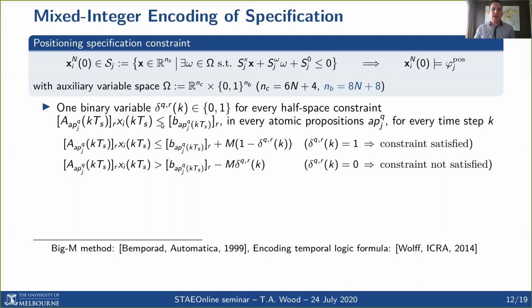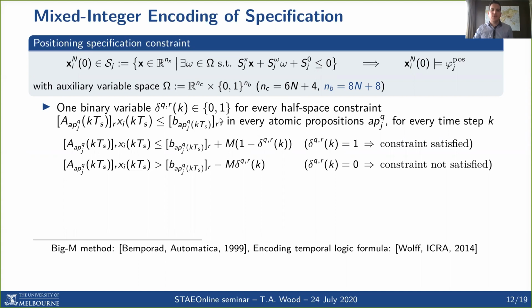So these binaries, how do they come up? For every half space in every proposition, so we had 3, and every proposition had a different number of half spaces defining those polyhedral sets, and every time step, we need to check whether the state is in that half space or not.